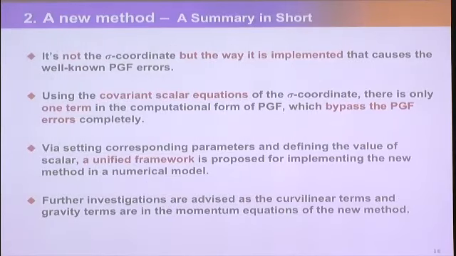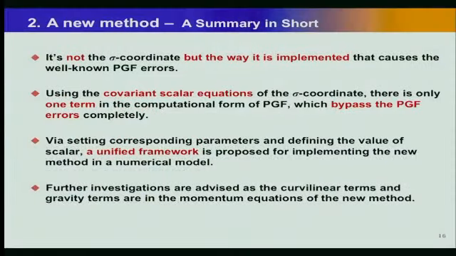Here comes the short summary of this new method. We can see that through categorizing the existing methods of obtaining the sigma coordinate and reanalyzing the causes of the PGF errors, we found that it's not the sigma coordinate, but the way it is implemented that caused the well-known errors.